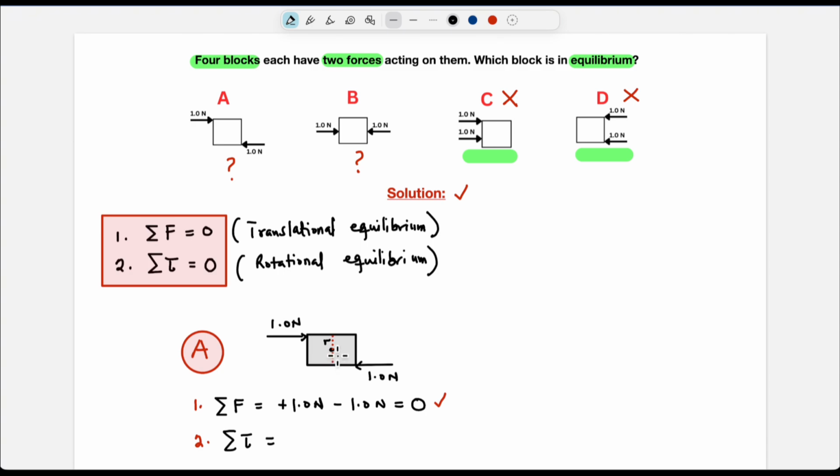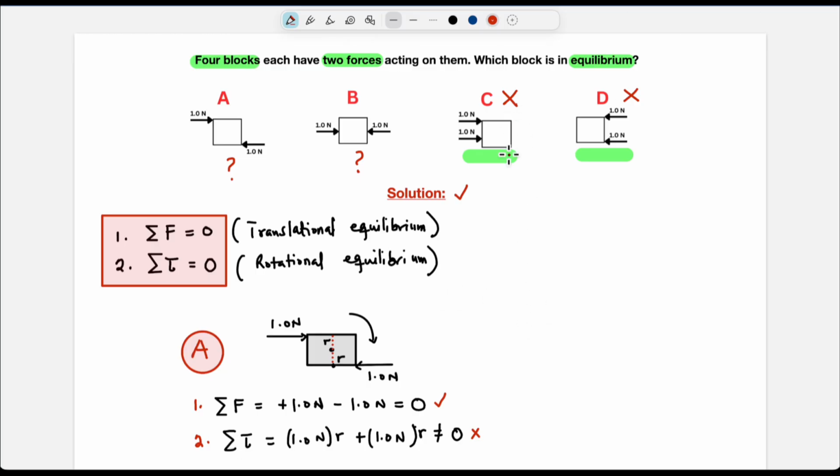Again, we have a distance from the center to this point, which is also perpendicular to this force. So looking at this, there's going to be a net torque, which is going to be clockwise. So we are going to have a net torque of this force times r plus this force times r, okay? And that is not equal to 0. So the condition for rotational equilibrium is not met.